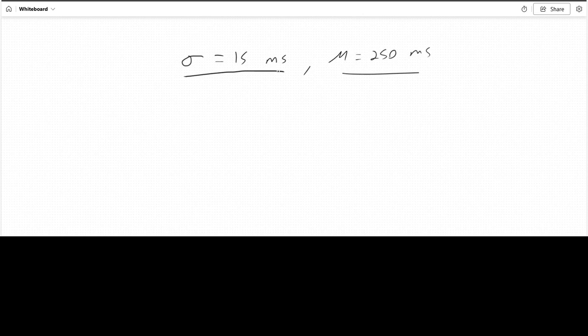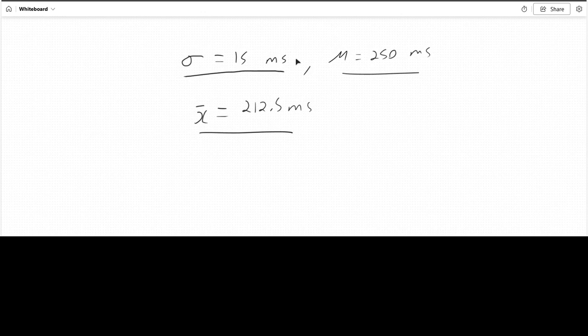Now, if we're working with the z-score instead of the t, steps 1 through 3 are all the same of establishing our hypothesis test. Our hypotheses are the same. And then calculating the mean from our sample. Step 2 was gathering our data, and step 3 was finding our sample mean to be 212.5 milliseconds.